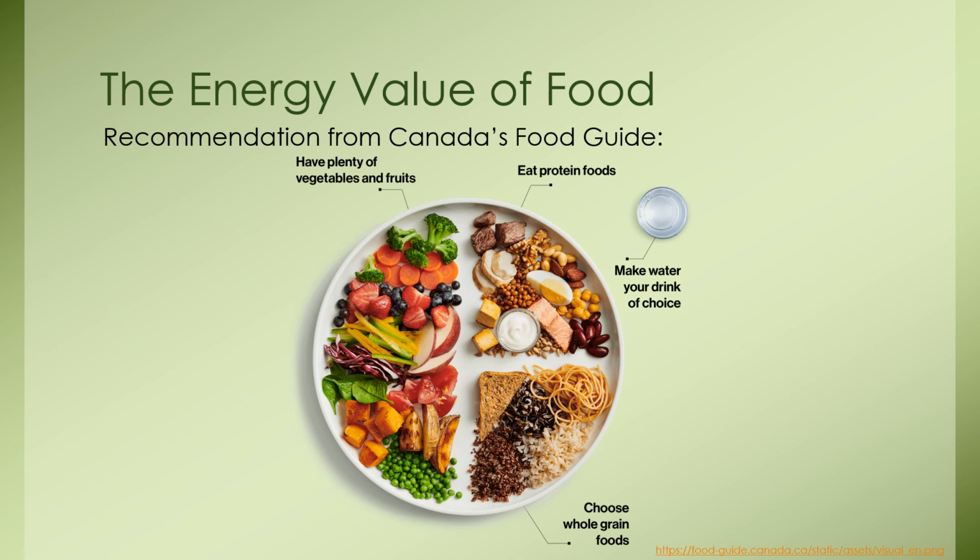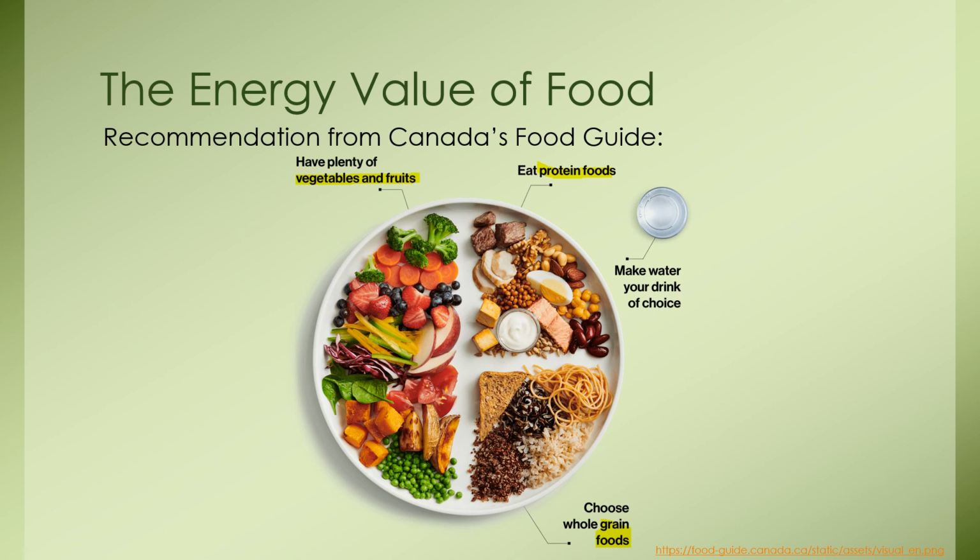This plate gives more of an idea about how much you need to eat of each. Let's say you have a plate like that. Half of your plate should be vegetables and fruits. 1/4 should be protein, and another 1/4 should be grain foods, whole grain or carbohydrates. I would say even less if you want to lose weight.